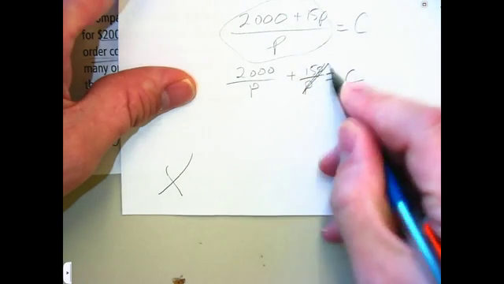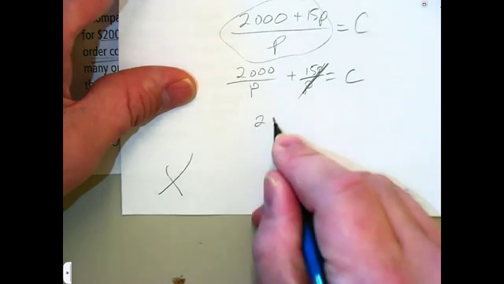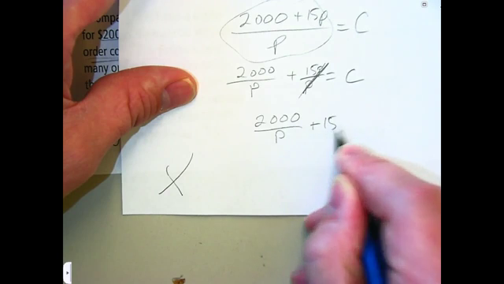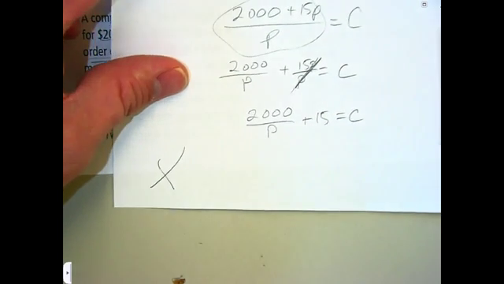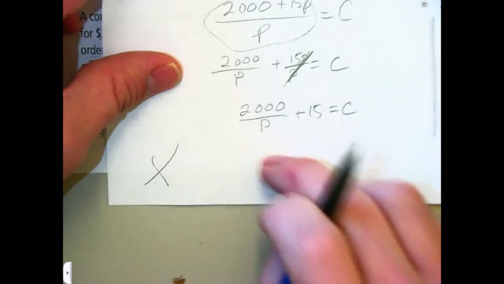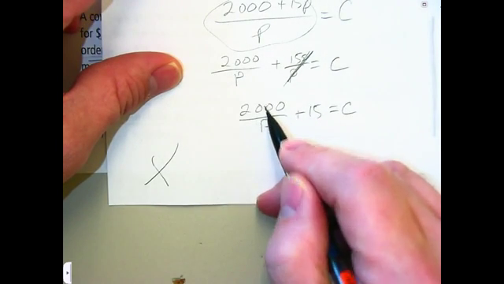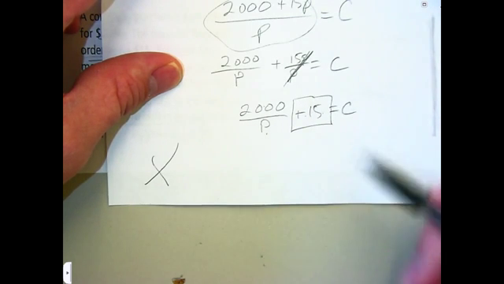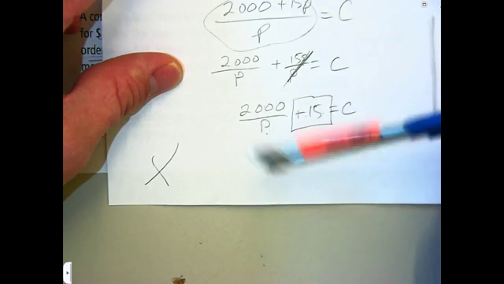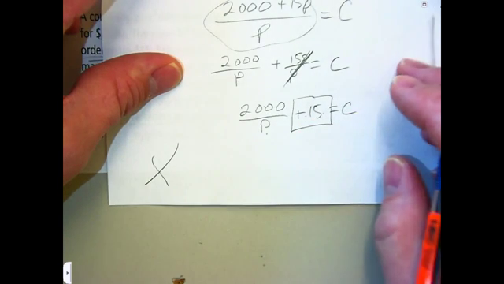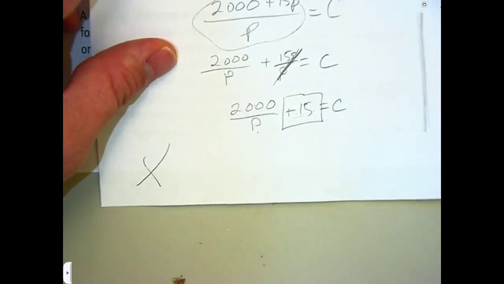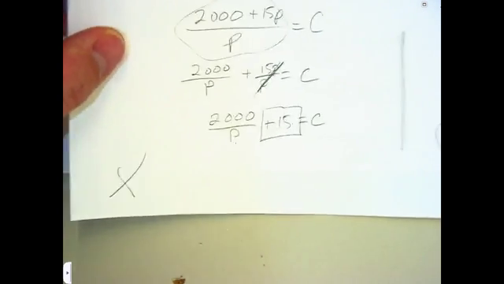And so those two pieces would cancel, and so you would end up with 2,000 over p plus 15 equals cost. Okay, well, if you think of that in terms of a rational equation in a over x plus k, here's your k value. That's your asymptote. So that's your horizontal asymptote that you're approaching. And that'll always happen like that, yes.